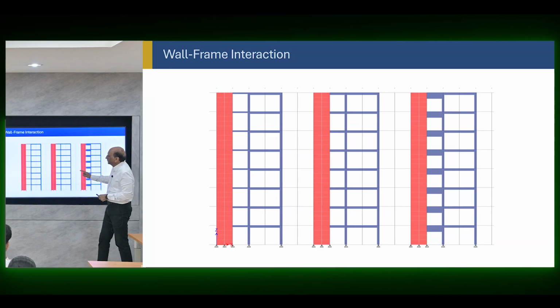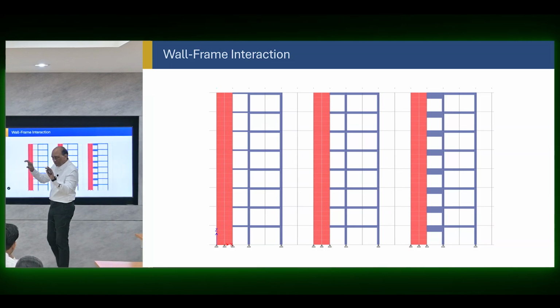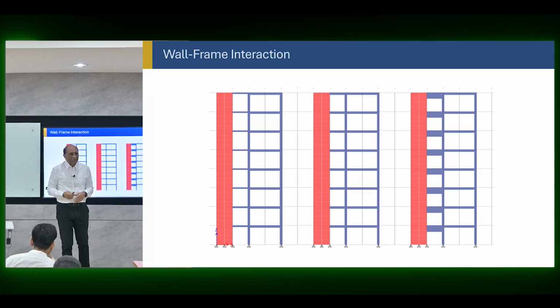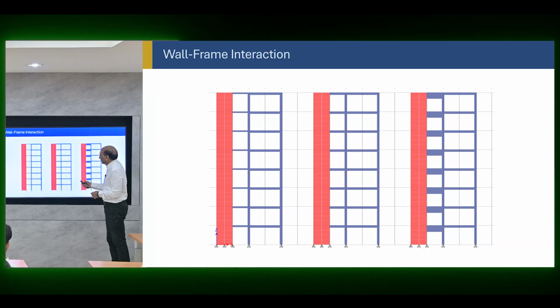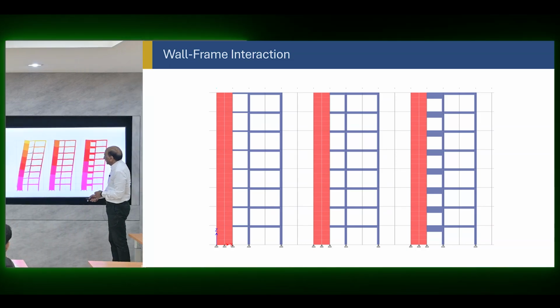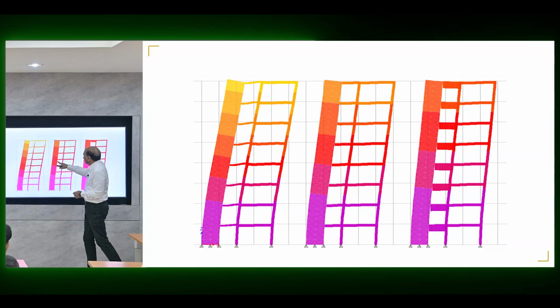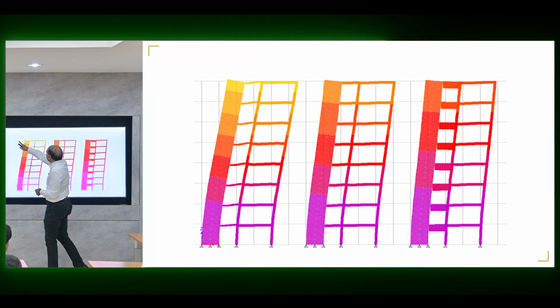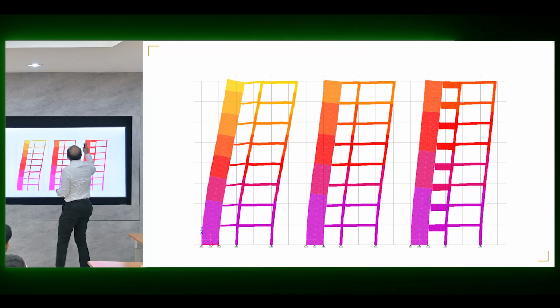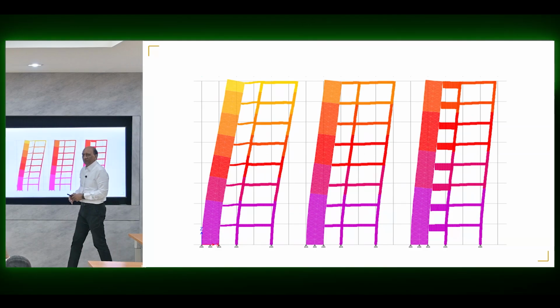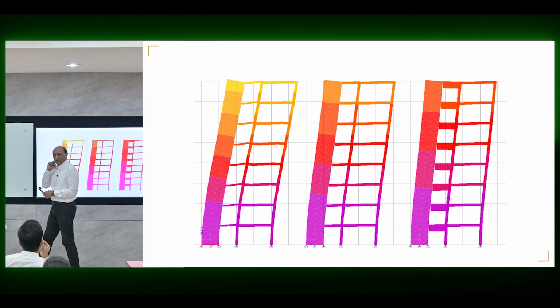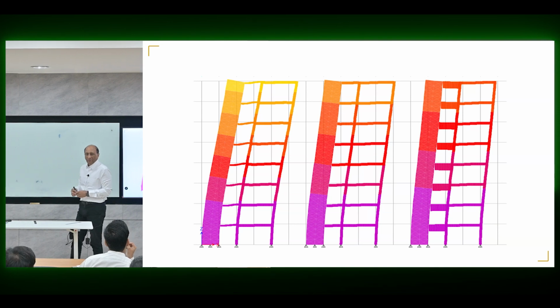So we will see when we increase these coupling elements, what changes in the response. So this is the key moving forward. So when you do that, you will see that now the deformation is here, this is here, and this is much less. So clearly the deformation of the building reduces because of the coupling effect, right?